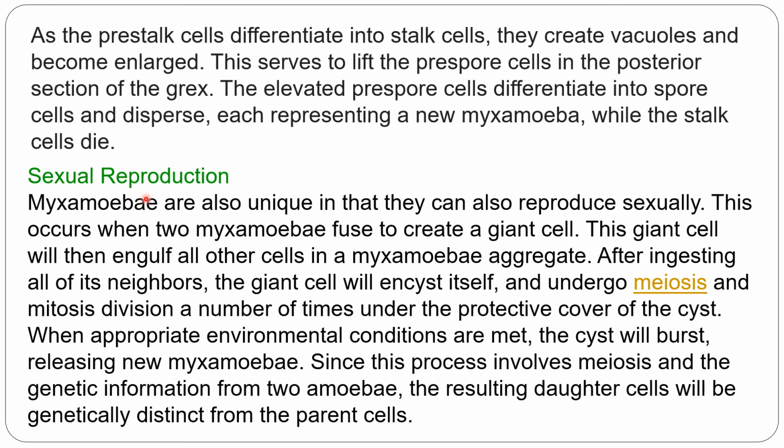Now you see sexual reproduction. Myxoamoebae are also unique in that they can reproduce sexually. This occurs when two myxoamoebae fuse to create a giant cell. This giant cell will then engulf all other cells in a myxoamoeba aggregate.